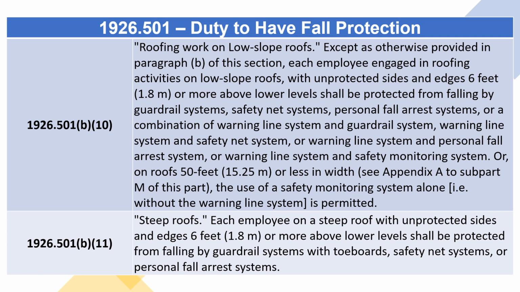Or, on roofs 50 feet (15.25 meters) or less in width, see Appendix A to Subpart M of this part, the use of a safety monitoring system alone, i.e. without the warning line system, is permitted.